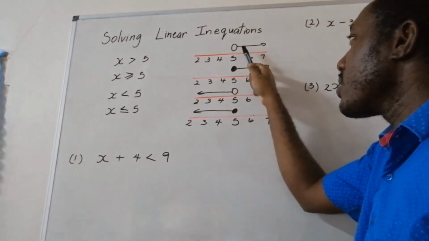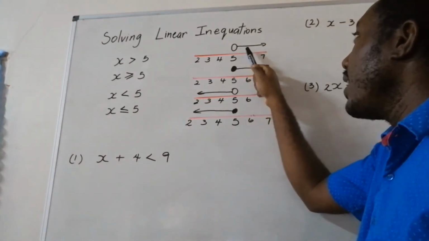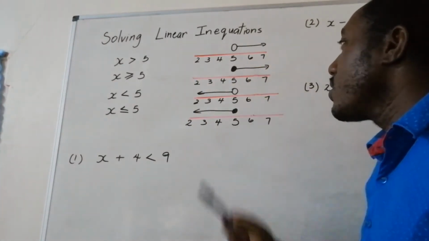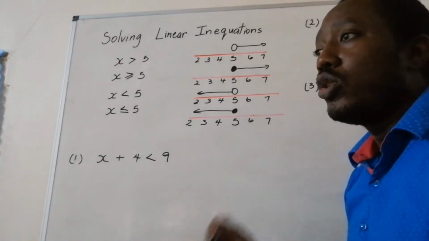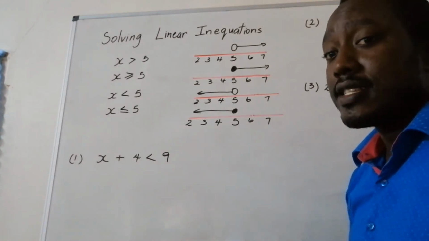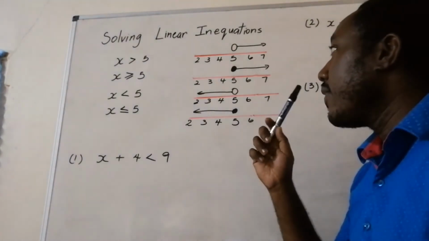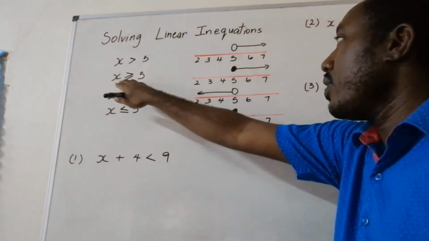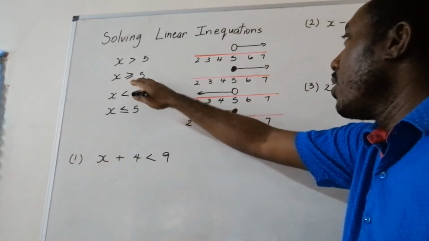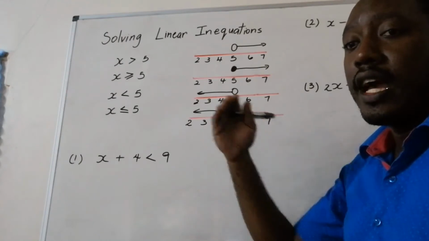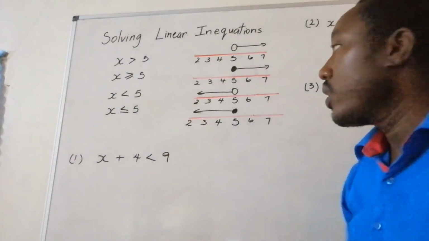Where x was more than 5, we did not color. But for more than and equal to, we color the circle. That means we are including 5 in the set of values. So if we were to list the set of values that represents the solution to the equation, we will start from 5 and go onwards, right?